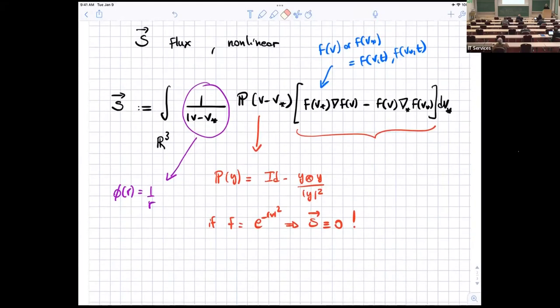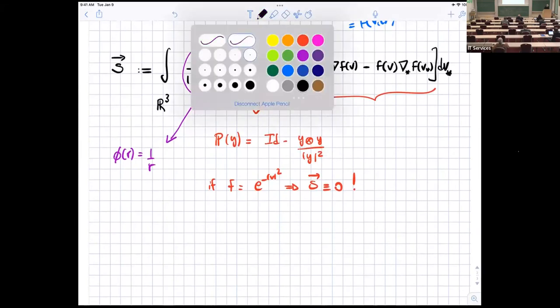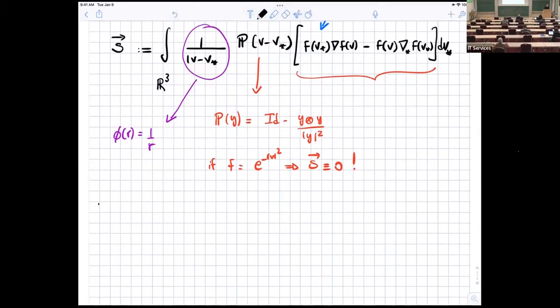One can do the same thing when d is greater than 3, but today I will just focus on the 3-dimensional case. My first remark is that if you look at this flux, one should see that the diffusion is anisotropic. It depends on the direction, and that is easy to see.